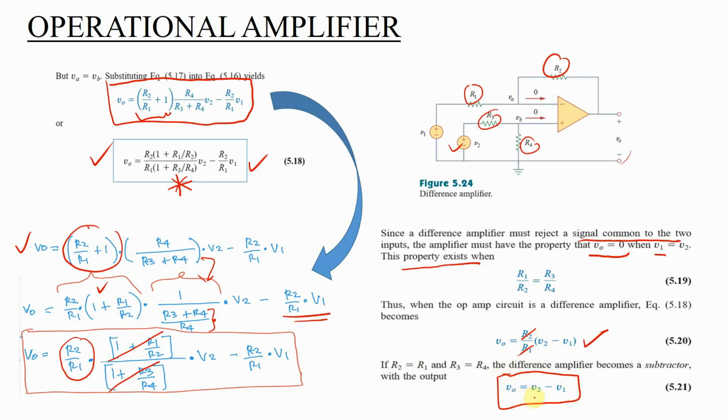We will have the differential voltage V out is equal to V2 minus V1. But this is the general equation for the differential amplifier. In the next video, we're going to perform the lab experiment using PSpice.